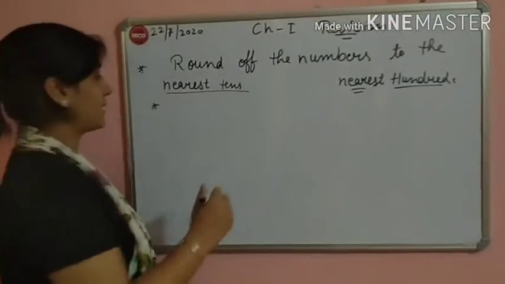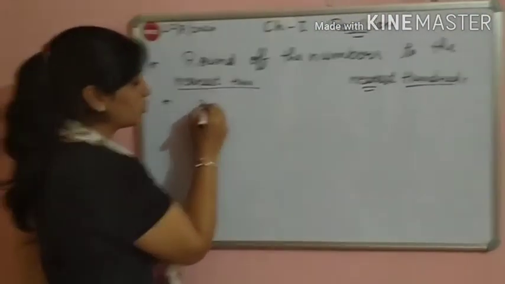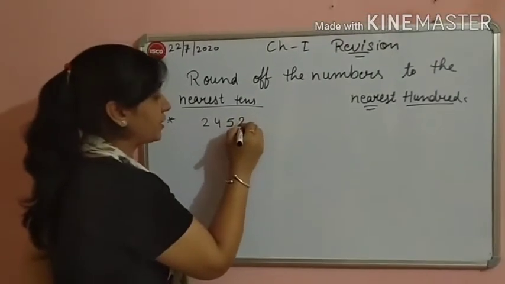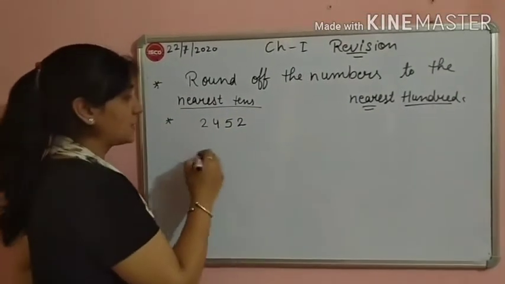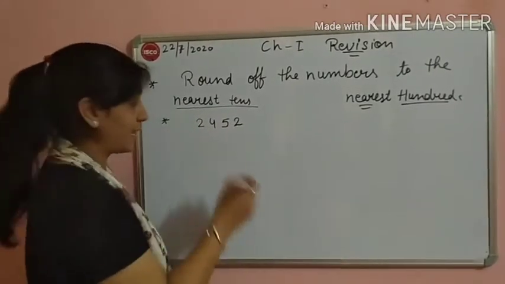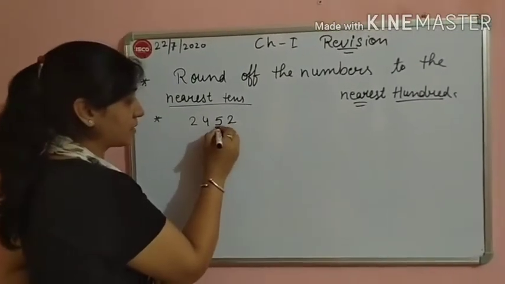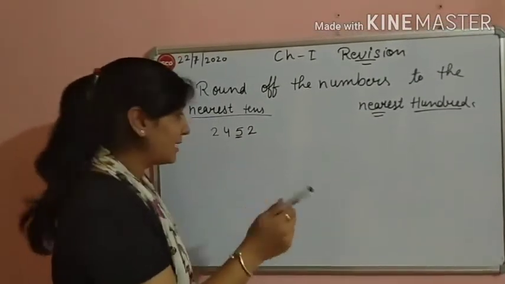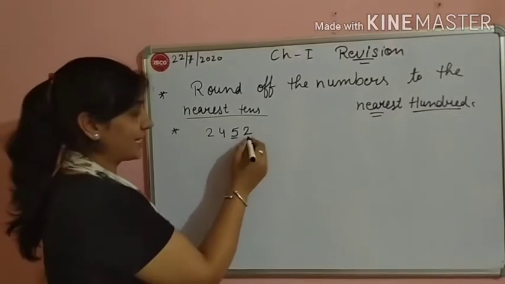Now look at another example. The number is 2452. See, we have to round this number to the nearest 10. Ones, tens. So I have to check the digit to the right side of the tens place. So what is it?